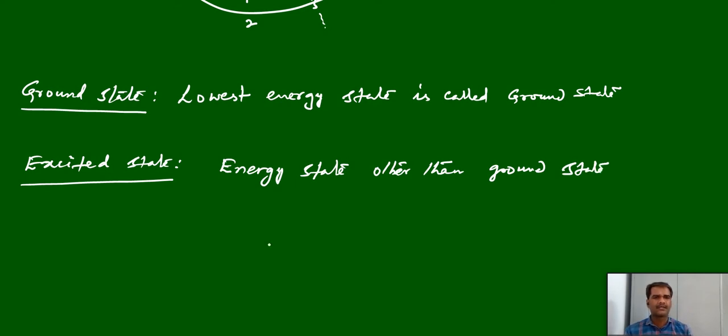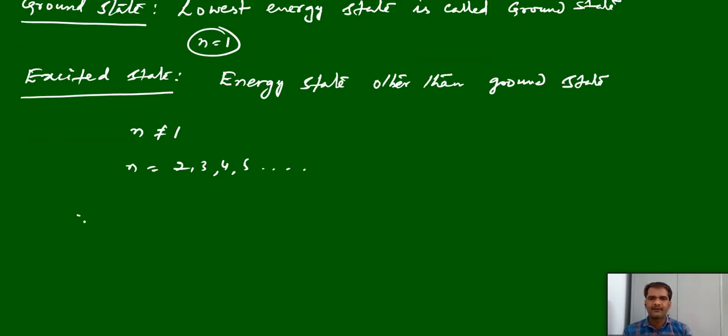A state is nothing but an orbit or shell. An energy state other than the ground state is called an excited state. For the ground state of a single electronic system, n equals 1, whereas for an excited state n is not equal to 1, but may be 2, 3, 4, 5, 6, and so on. What is n? n is the number of the shell.